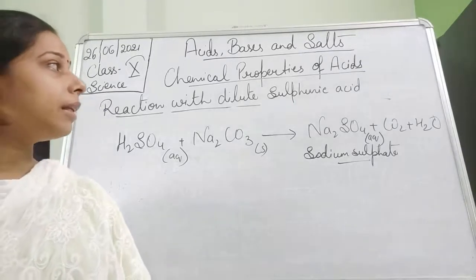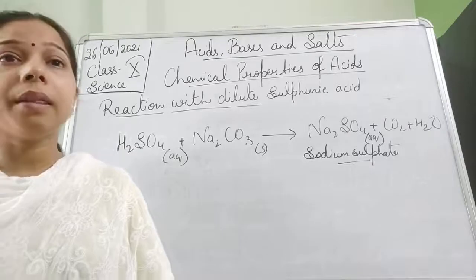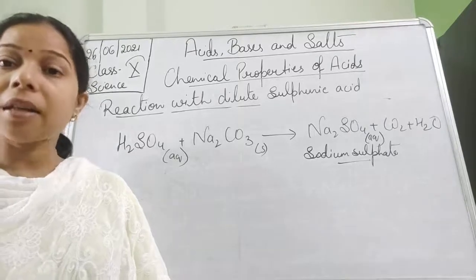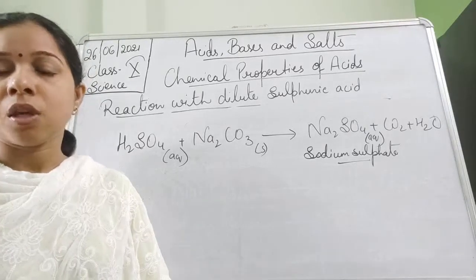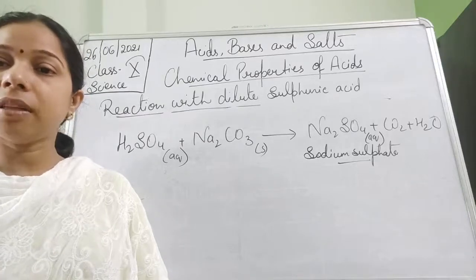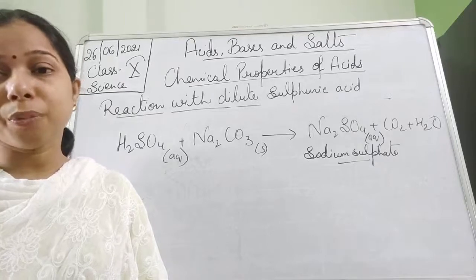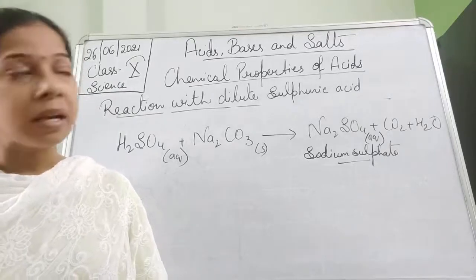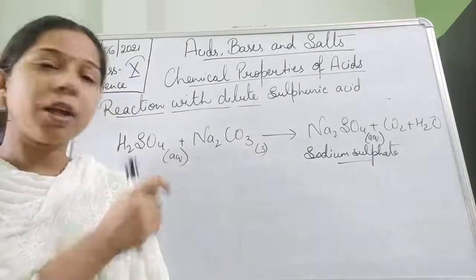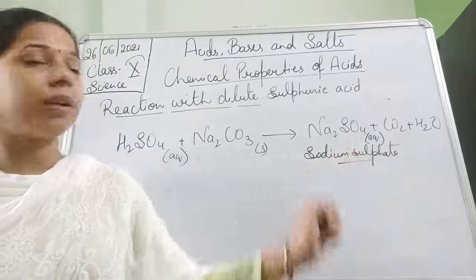Talking about the other reaction, that is reaction with metal carbonate and metal hydrogen carbonate. When an acid reacts with the metal carbonate or metal hydrogen carbonate, there is a formation of a salt. Then carbon dioxide is released and water is released.